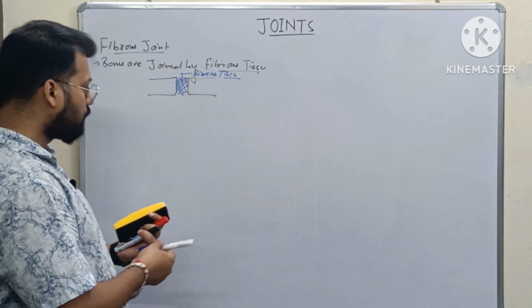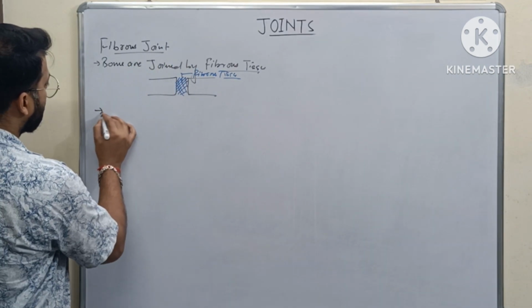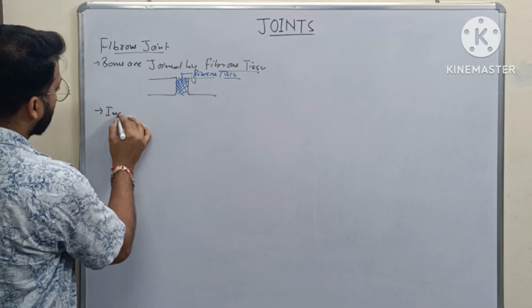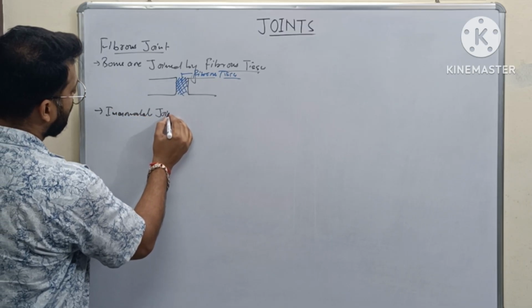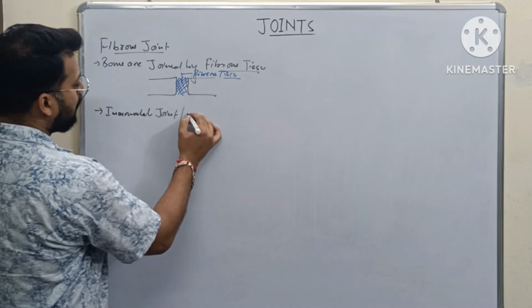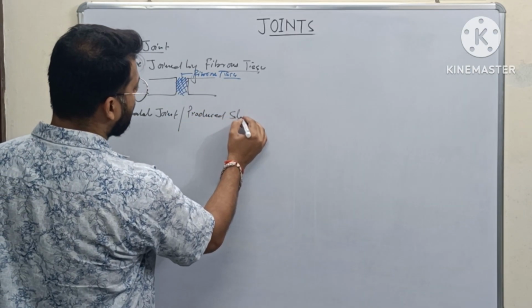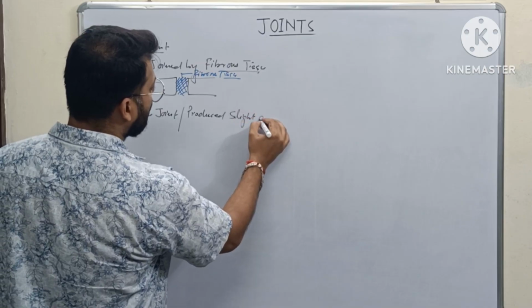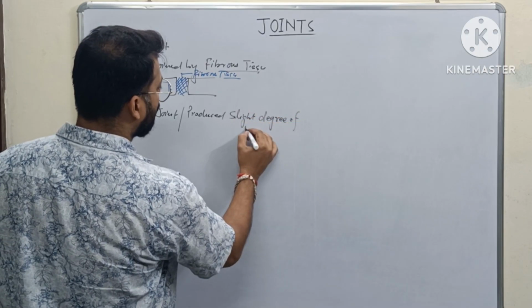So this is an immovable joint, or produces a slight degree of movement.